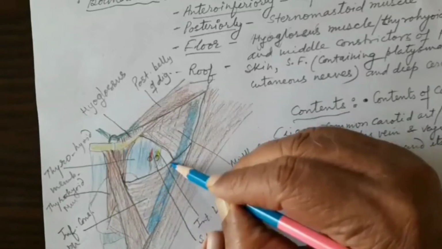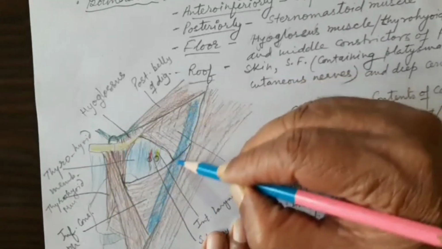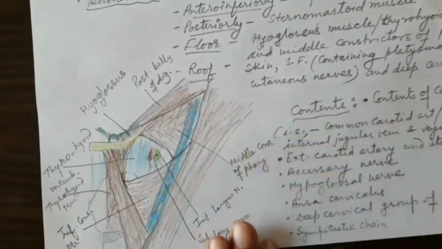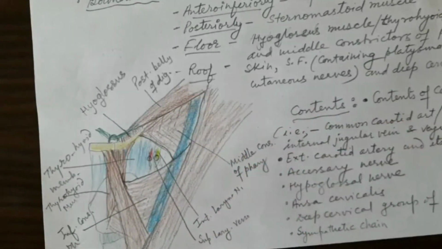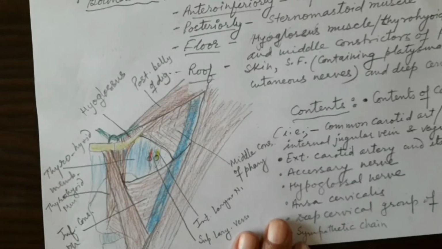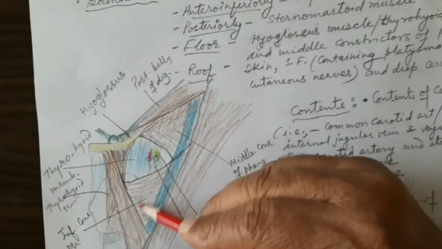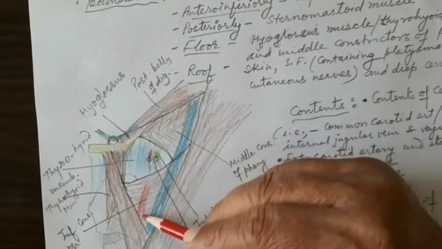I have just roughly drawn it. Otherwise it is within the carotid sheath. Then in front of the internal jugular vein, in the lower half, lies the common carotid artery.